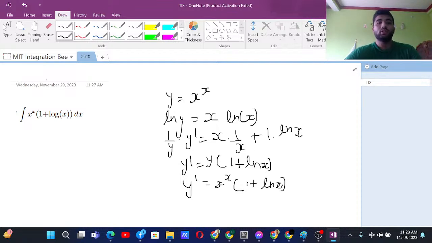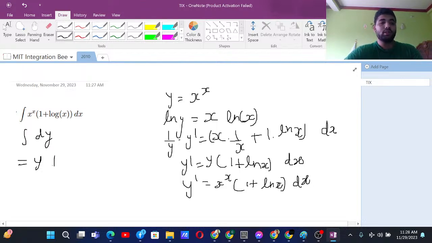So you see, this is just dy, and right here dx as well. So this is just y dash, so that's just y plus c, and y is just x to the power x plus c, and that's the solution.